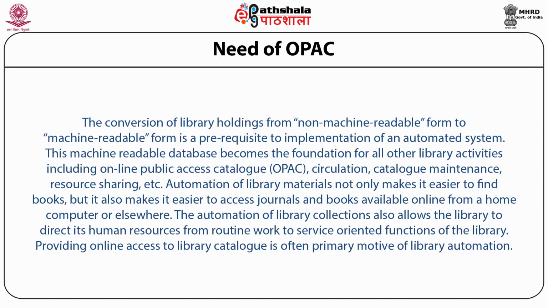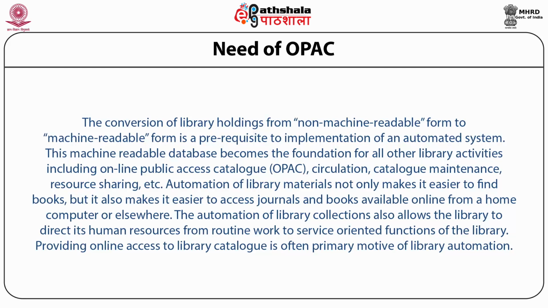Need of OPAC: the conversion of library holdings from non-machine readable form to machine readable form is a prerequisite to implementation of an automated system. This machine readable database becomes the foundation for all other library activities, including OPAC, circulation, catalog maintenance, resource sharing, etc. Automation of library materials not only makes it easier to find books, but it also makes it easier to access the journals and books available online from a home computer or elsewhere.